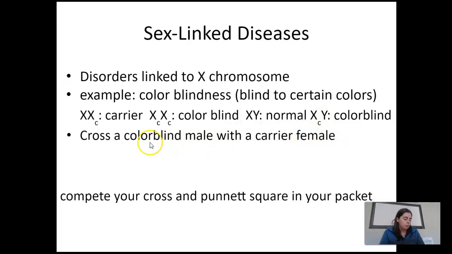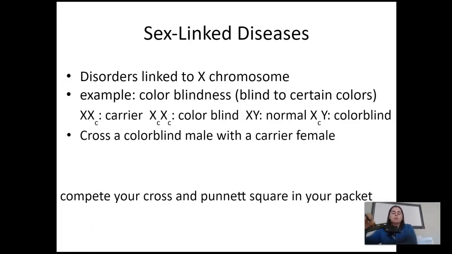So what we're going to do is we have a Punnett square on our paper. We are going to complete it, and we are going to cross a colorblind male with a carrier female. I'm going to put it on paper for you, because I think that's the easiest way for us to do it. Let's get a fresh sheet of paper.